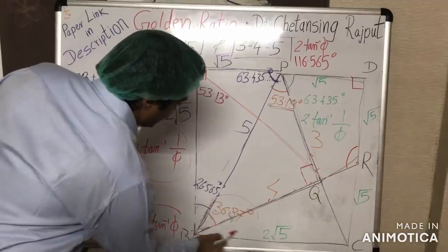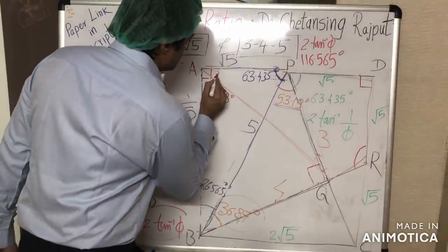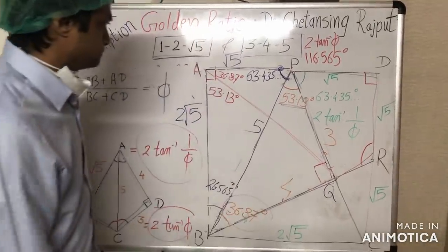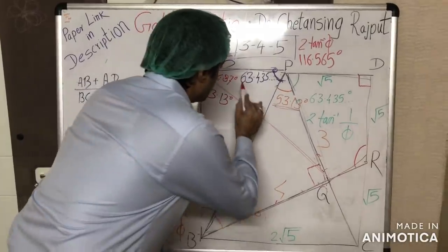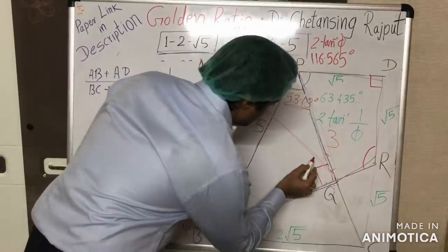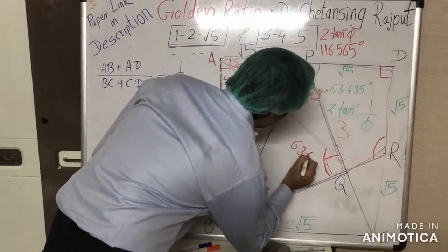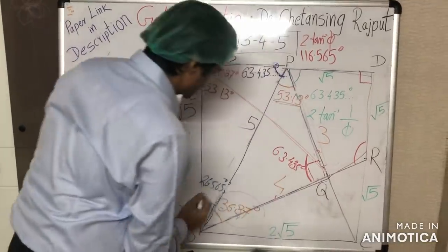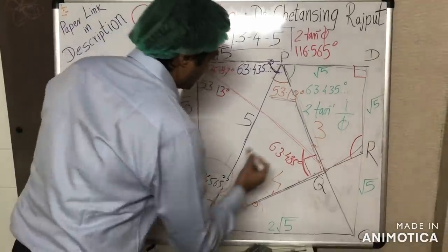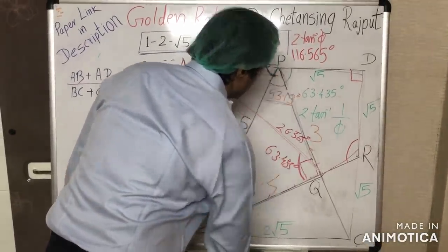This angle, look at this angle, the smaller acute angle of the Pythagorean triple. This angle is also 36.87 degrees here, precisely. Similarly, this larger acute angle of the 1, 2, root 5 triangle, this angle here is also 63.435 degrees. This angle, the smaller acute angle of the 1, 2, root 5 triangle, is also 26.565 degrees.